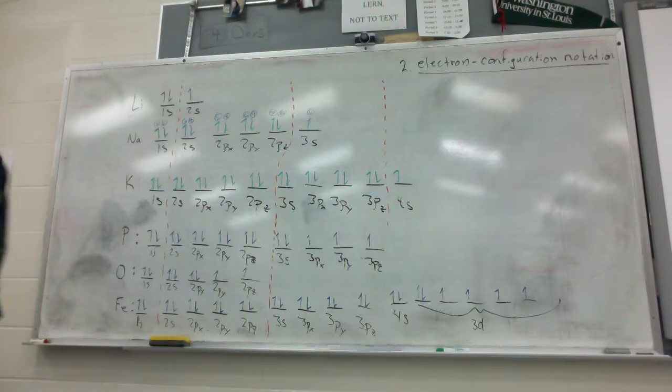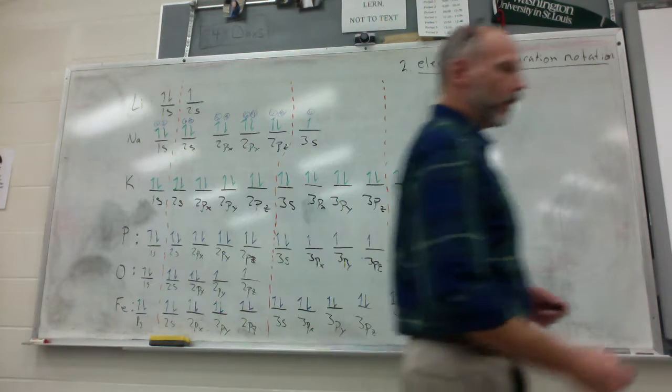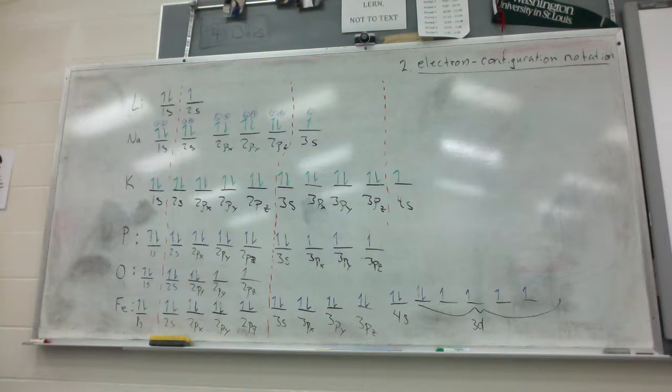Long name, but a somewhat shorter way of doing it. In electron configuration notation, we're only going to look at the orbitals and not each electron. We're looking at orbital shapes and not each electron.